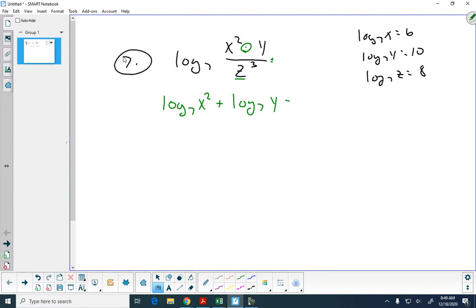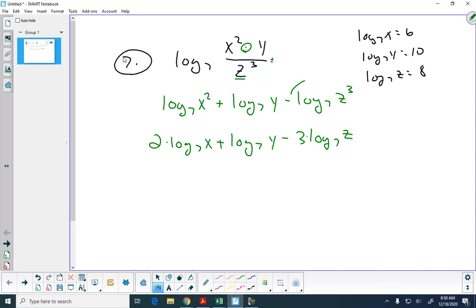So we're going to subtract off the log base 7 of z cubed. Okay, so that's first off the expansion, just using our properties. Now, each one of those exponents will come out front of the log. So we have 2 times the log base 7 of x plus log base 7 of y minus, then the 3 will come out front here, 3 log base 7 of z.